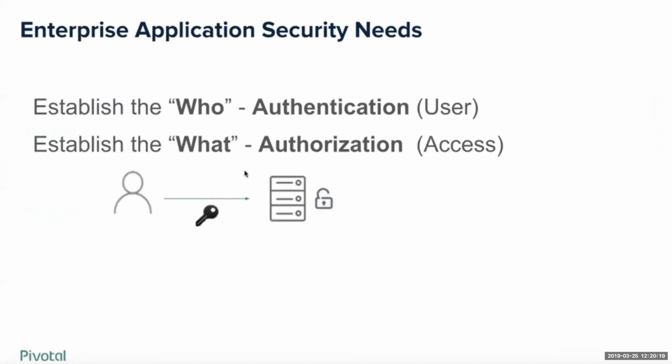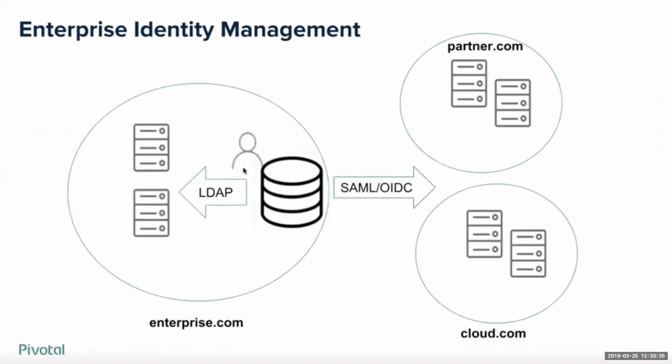Typically, you are trying to establish who and what. And in a traditional enterprise identity management solution, how is it done? Typically you would have an LDAP directory. That's where all your enterprise users' information is stored.